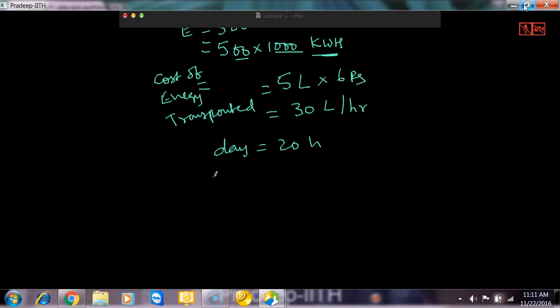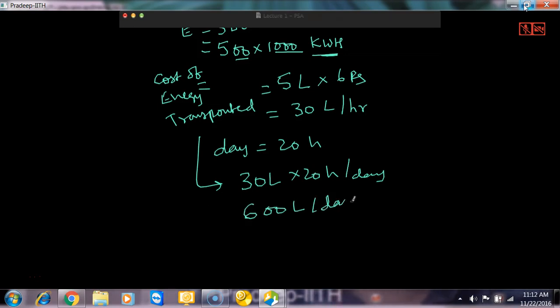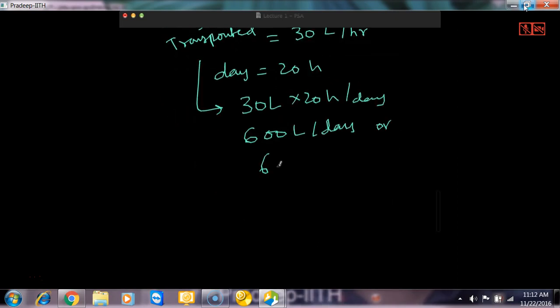So cost of energy transported will be 30 lakhs into 20 hours per day. So this will be how much? 600 lakhs per day, or you can say 6 crores per day.